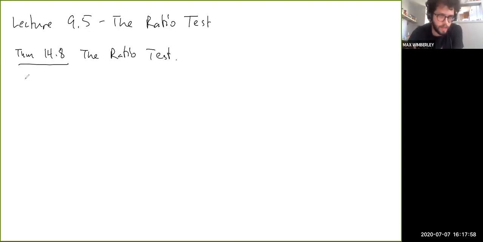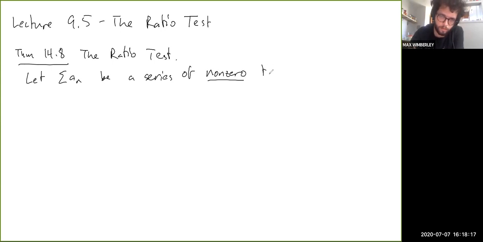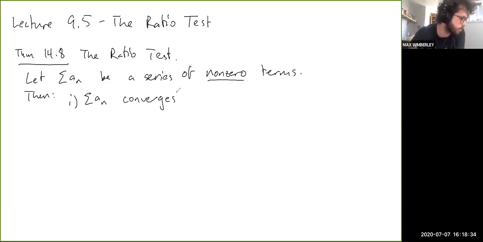The ratio test says that if we have a series, so let the series of a_n be a series of non-zero terms, then there are three cases, kind of in analogy with the root test. The series of a_n converges absolutely.